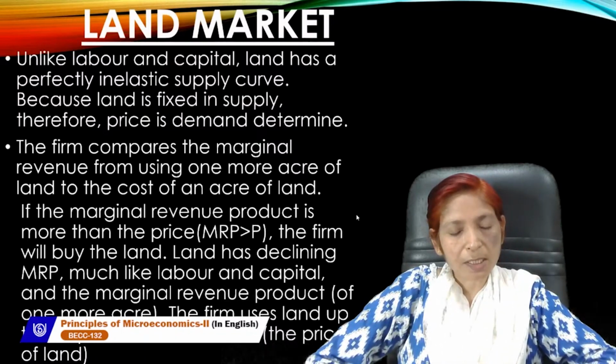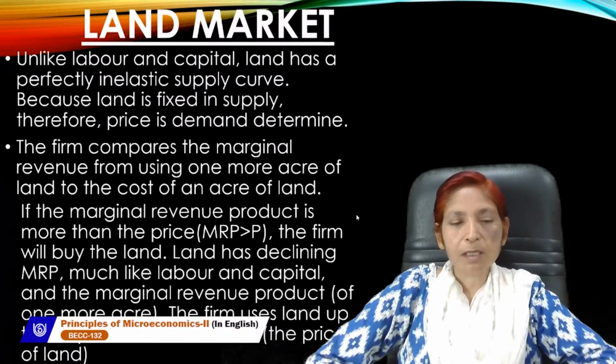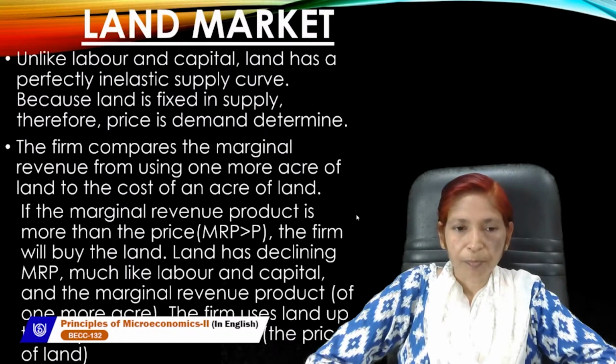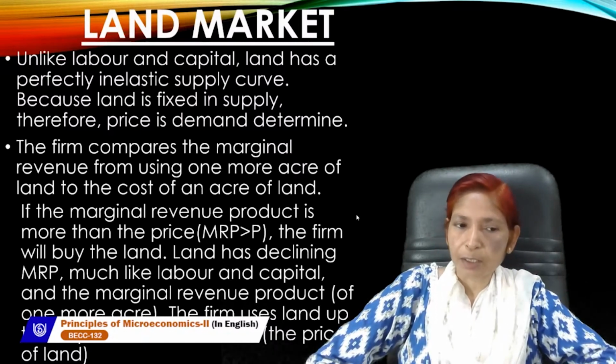In other words, if MRP, what is MRP? M is marginal, R is revenue, P is product. So marginal revenue product is the amount which we receive after selling the output. If marginal revenue product is greater than price, then the firm will buy the land.